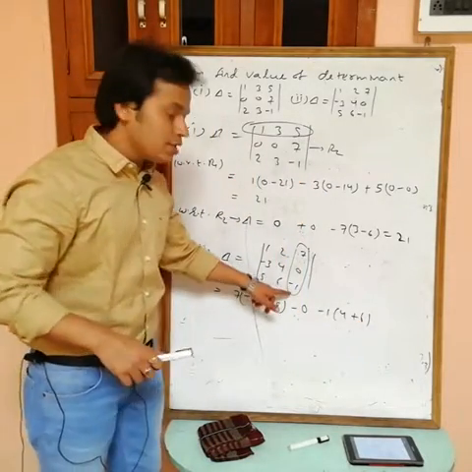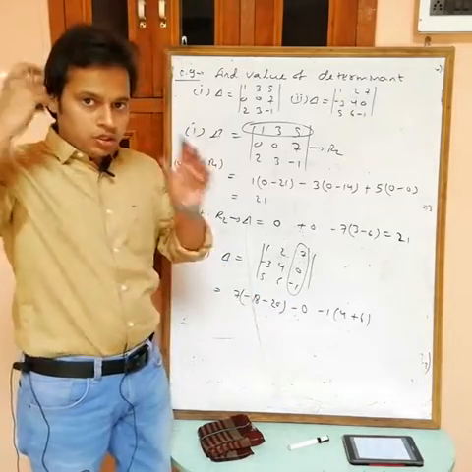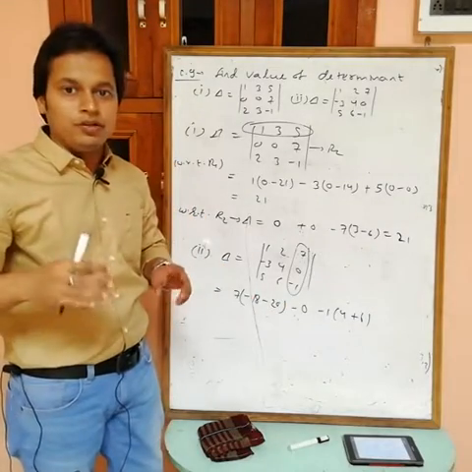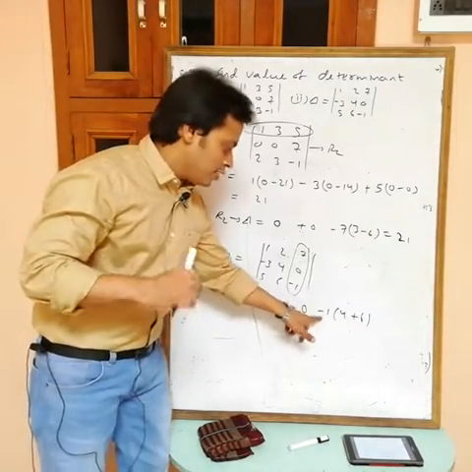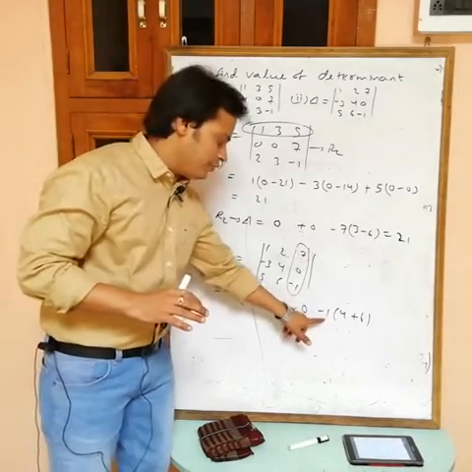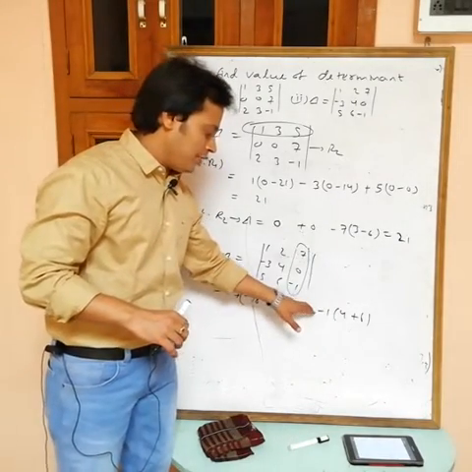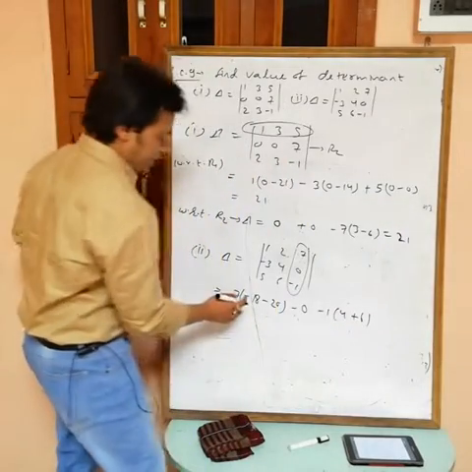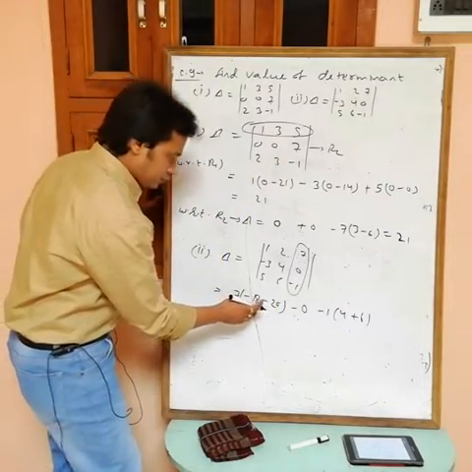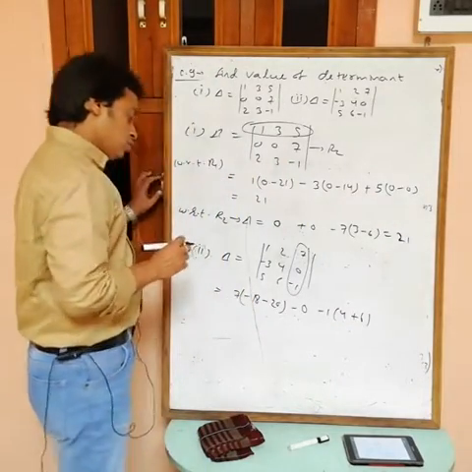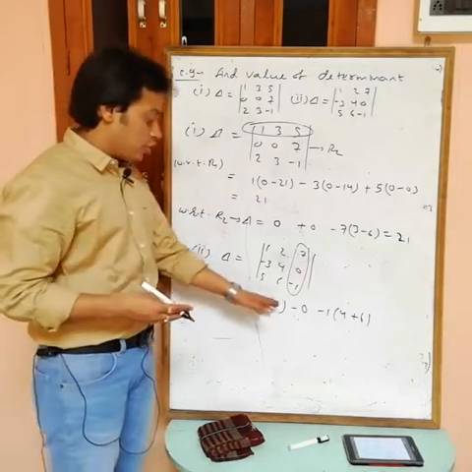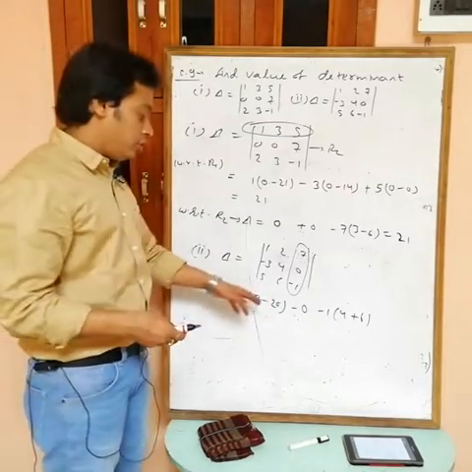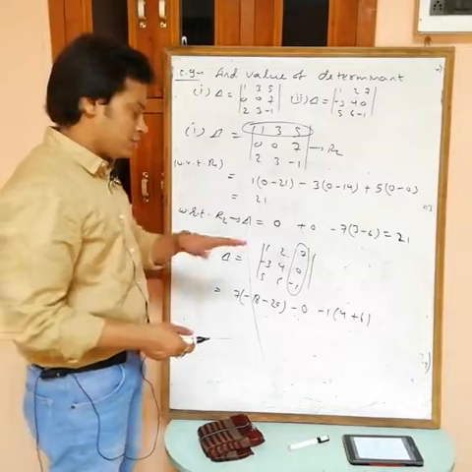For this one, a33, 3 plus 3 is 6, even, so plus sign. Since minus is already there, plus minus becomes minus. So the value of this one is minus. Now multiply: 20 and 18, then 38, into 7, and then minus. You can find it.